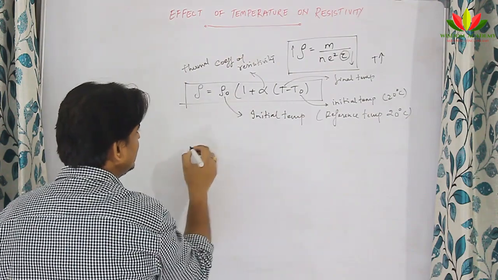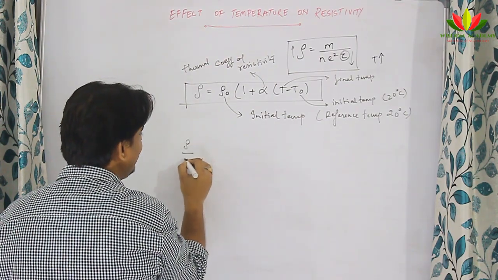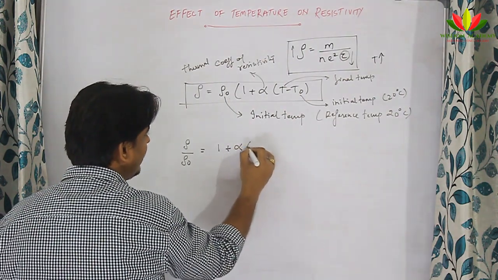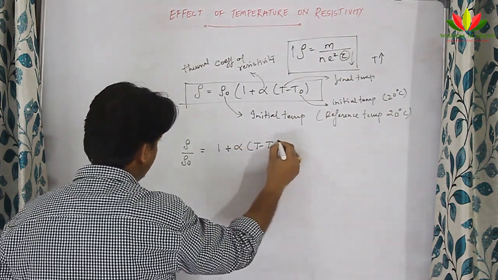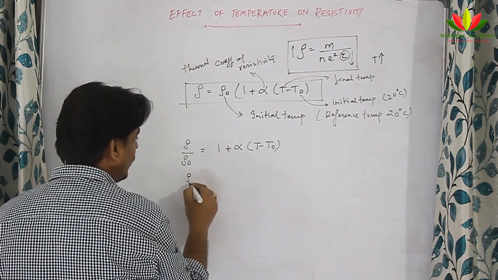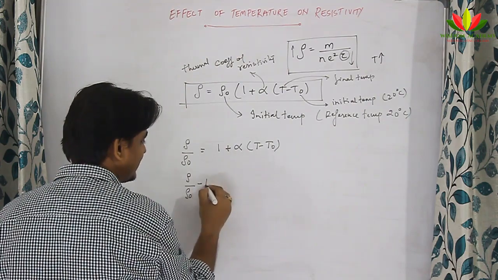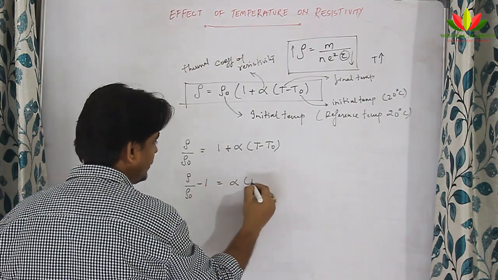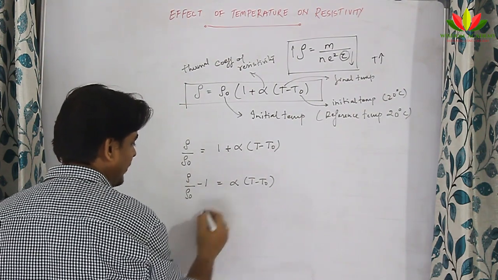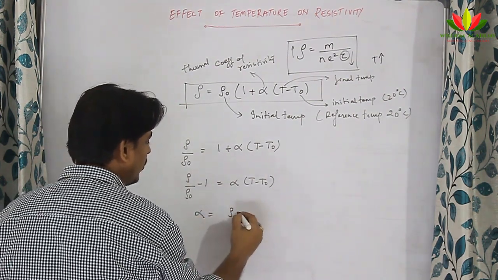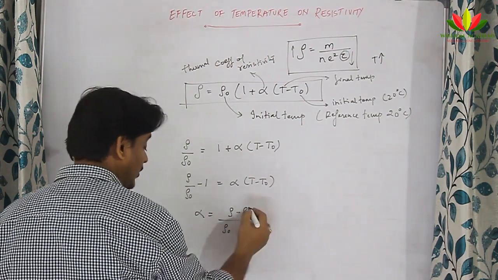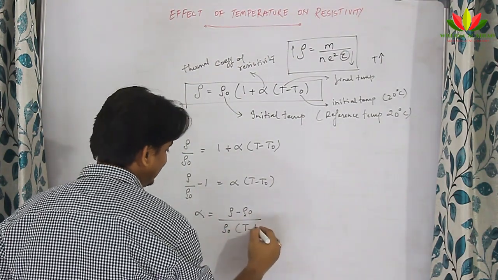We can write it like this: rho by rho naught is equal to 1 plus alpha into T minus T naught. Then 1 will go to this side. So, I will write rho by rho naught minus 1 is equal to alpha into T minus T naught. So, alpha is equal to rho minus rho naught by rho naught into T minus T naught.